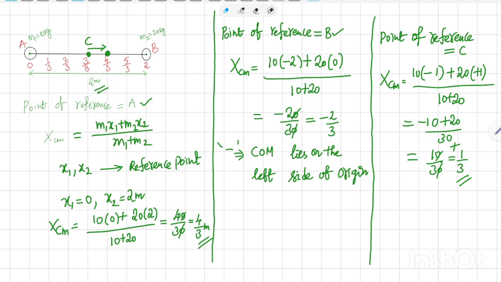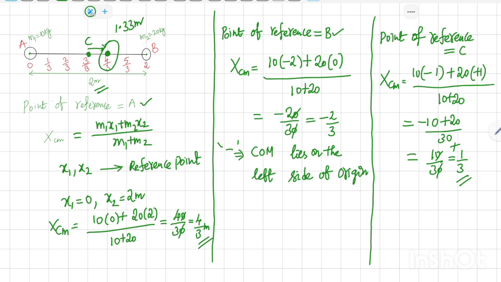Whatever may be the axis of reference, the center of mass position will be the same. In this case, it is at 4 by 3, or it is at a distance of 1.33 meters from A.